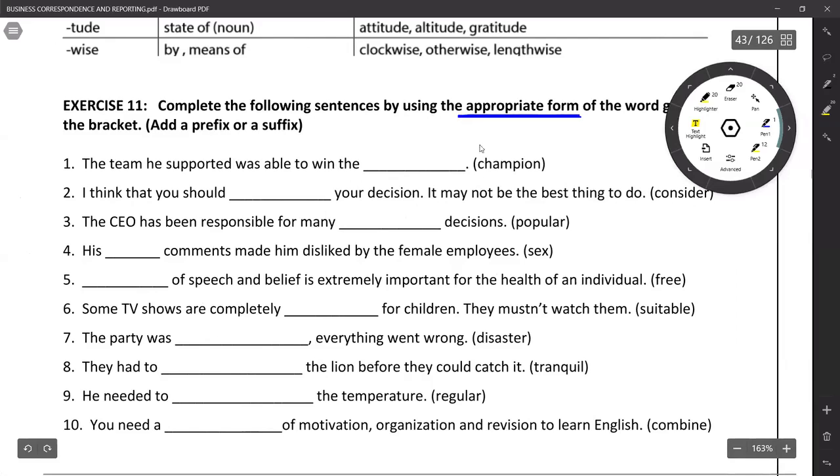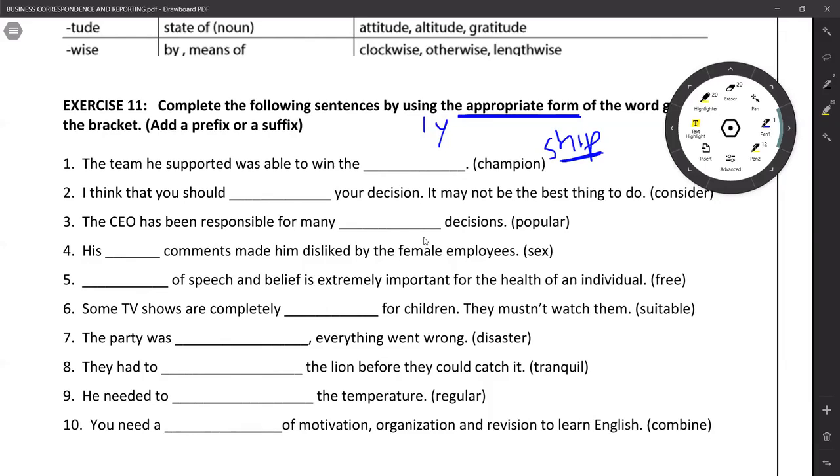I can't say was able to win the champion. Correct. I will have to say was able to win the championship. Correct. I'm using the right form of the word. So you will attach a suffix to it. Either you add ly to it, beautiful, beautifully, beauty. Same word, it can have different forms. So you have to judge the right form of the word.